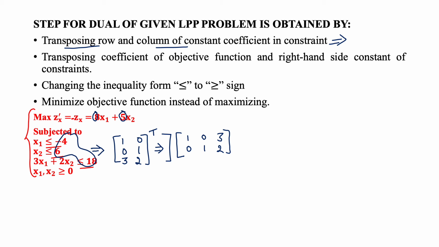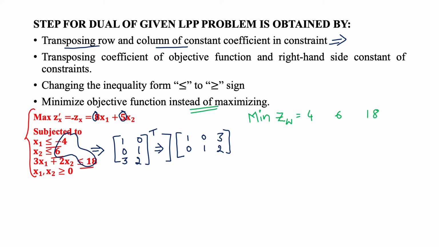First, my maximization problem will become a minimization problem in the dual, so the objective function is in minimization form. Now I am representing the new objective function with Zw, where all the right hand side constants become the coefficients of the objective function: 4, 6 and 18.